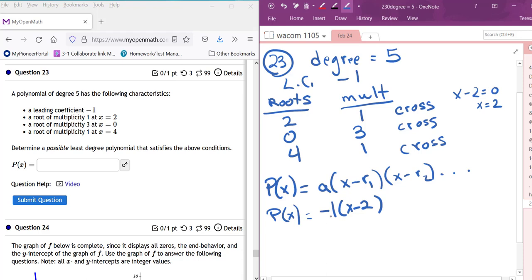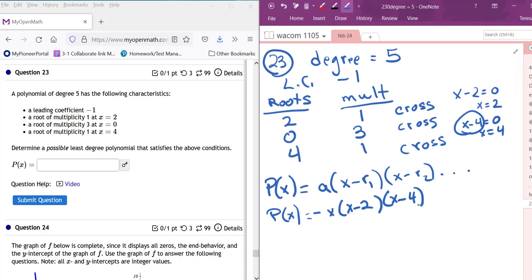Right? So we're going to need an x out here with our negative 1. So I'm going to just scoot it over a little bit. And you don't have to write the 1. Right? And then a 4 comes from x minus 4. And that is our polynomial of least degree. You would not have to multiply it out. You could put that answer in.